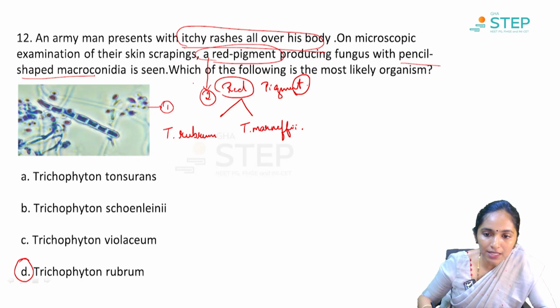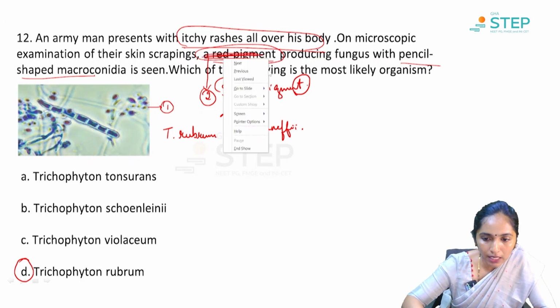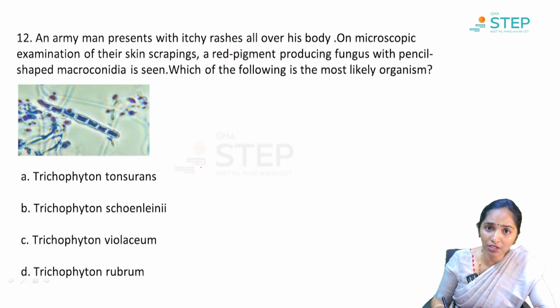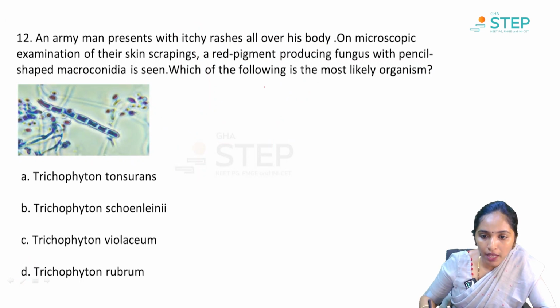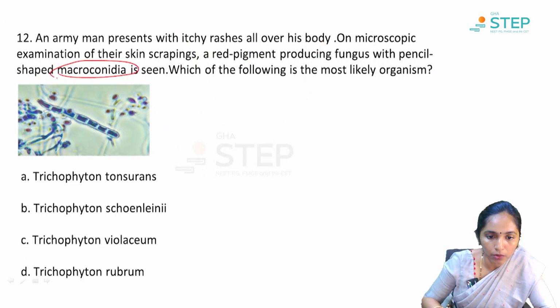Okay, but let us say that this particular thing was not given in the question. Then how do we come to the diagnosis? Then our diagnosis depends on our mastery of the various species of Trichophyton. So they have given pencil shaped macroconidia. What are the different shapes of macroconidia of different Trichophyton species?